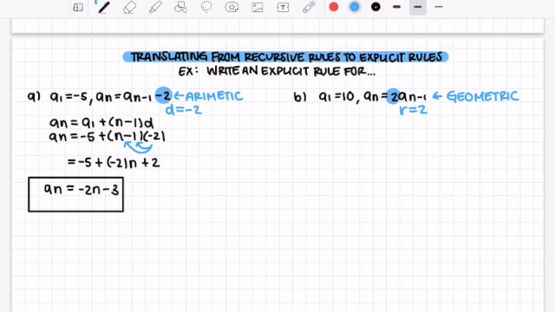And then we could just write out our formula for the geometric series. An equals the first term times r to the power of n minus 1. So we get an equals 10 times 2 to the power of n minus 1. Nothing else we could do. That would be the end of our answer.